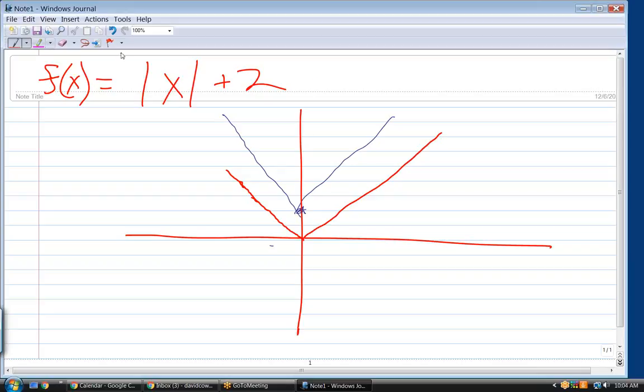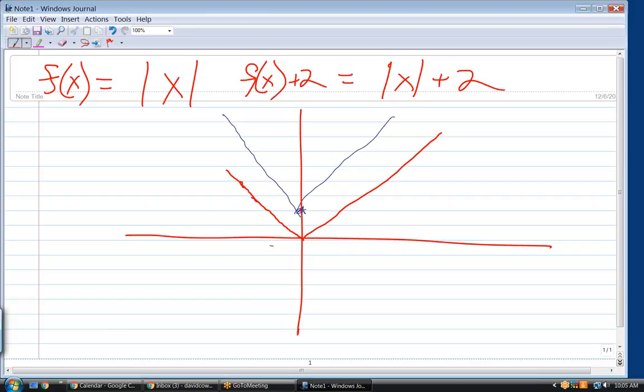If f of x was equal to the absolute value of x, and we ended up with absolute value of x plus 2, then that has to be f of x plus 2. That's called a vertical translation. Not changing the shape of the function, all I'm doing is moving it up or down.